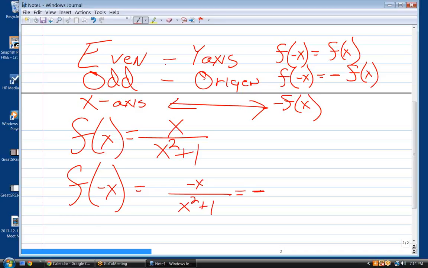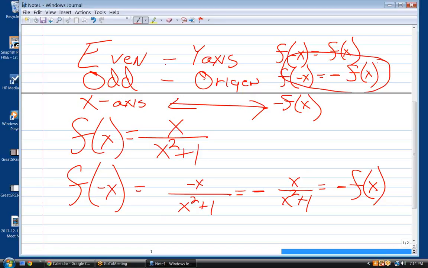Which is minus x over x squared plus 1, which means that's equal to minus f of x. You get each of those steps? Mm-hmm. So since f of minus x equals minus f of x, we have origin symmetry.